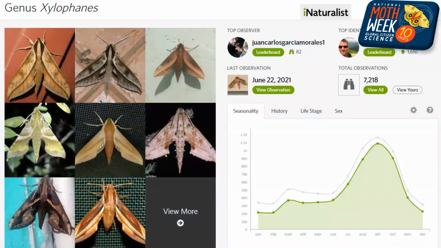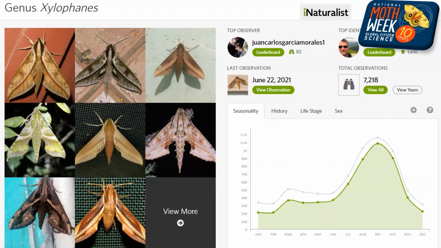This is the New World genus, and they're fairly varied in their pattern. But in shape, they're pretty consistent. The problem is that because the pattern components in color and in line elements are quite variable between the species, and because of the way iNaturalist, one of the NMW partners, has its artificial intelligence recognition for identification based on visual elements, it gets confused just as much as people do.